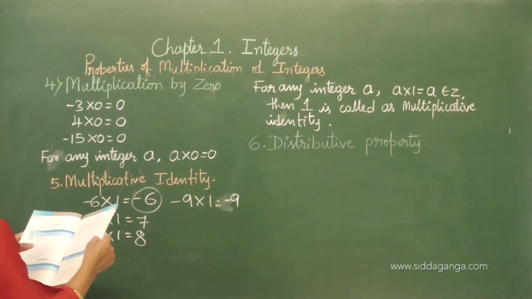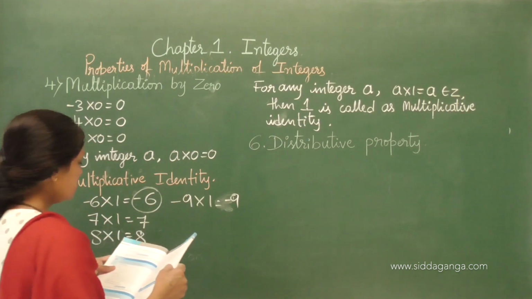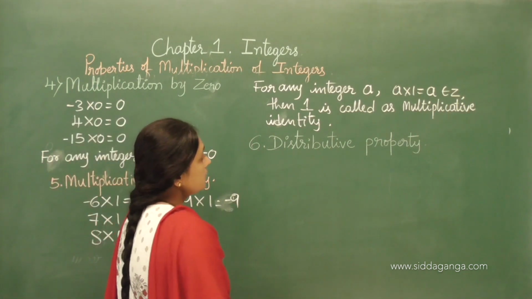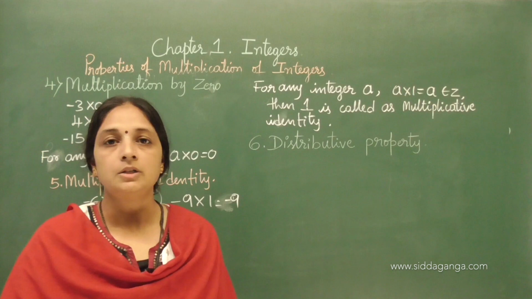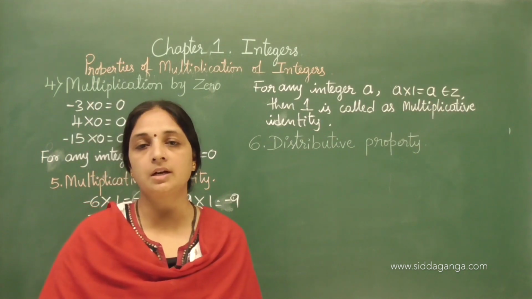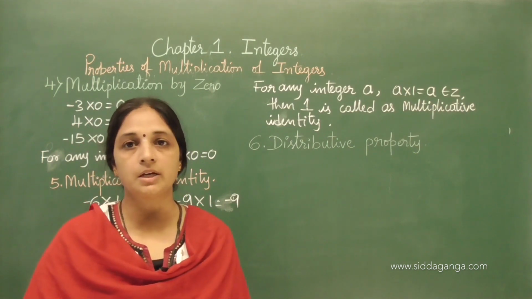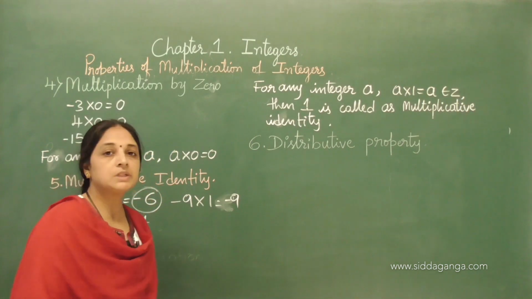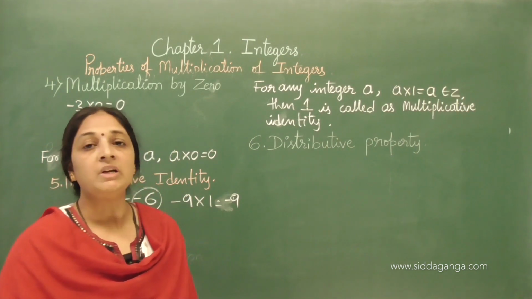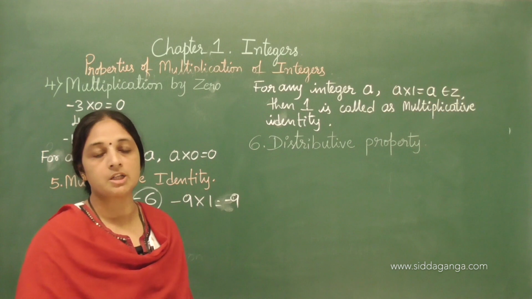Here the distributive property: we consider two operations, multiplication and addition. So this is multiplication over addition.